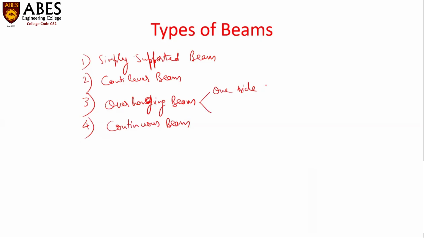One side overhanging and both side overhanging beam. Continuous beam, and last one is both side fixed beam. Apart from these five, there is one more which is called propped cantilever.